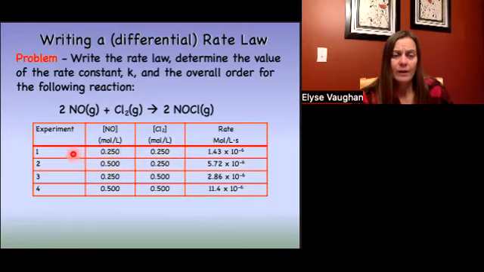And so you can see that in trial 1 and trial 2, we have kept the concentration of the chlorine constant, but we have changed the concentration of the nitrogen monoxide. And if we look at trial 1 and trial 3, we can see that the concentration of nitrogen monoxide has stayed the same, but the concentration of chlorine has changed. And so that's what we're going to use in order to determine this differential rate law.